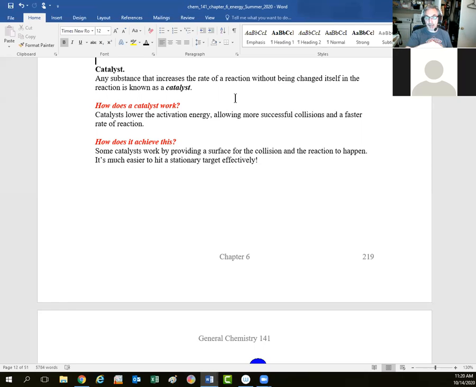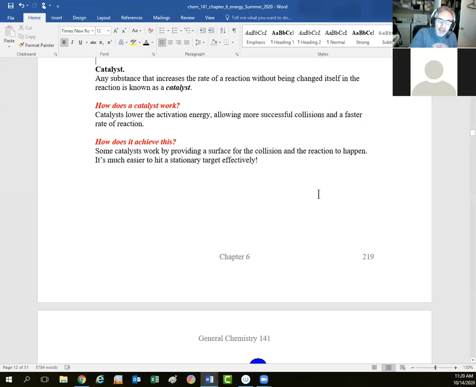And then the other chemical that it's reacting with, which was swinging around, comes in and smashes on that stationary target. It's a lot easier to break the bonds if the target is stationary, and it's a lot easier to hit the correct part of the molecule if the initial molecule has been orientated in a particular way to expose the vulnerable part.